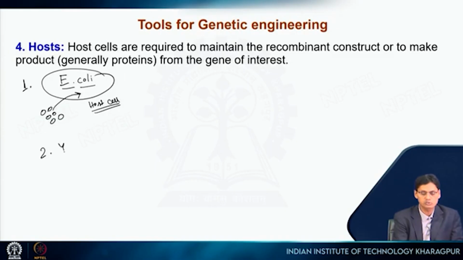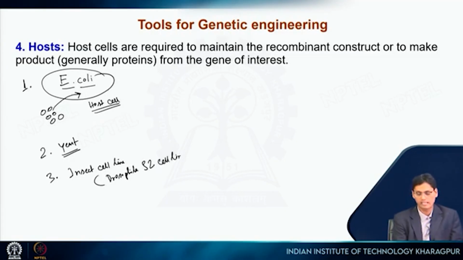Many times we use yeast expression system, yeast being a eukaryotic cell like fungus, and sometimes we use insect cell lines, for example, Drosophila S2 cell line. This is very commonly used for eukaryotic protein expression.